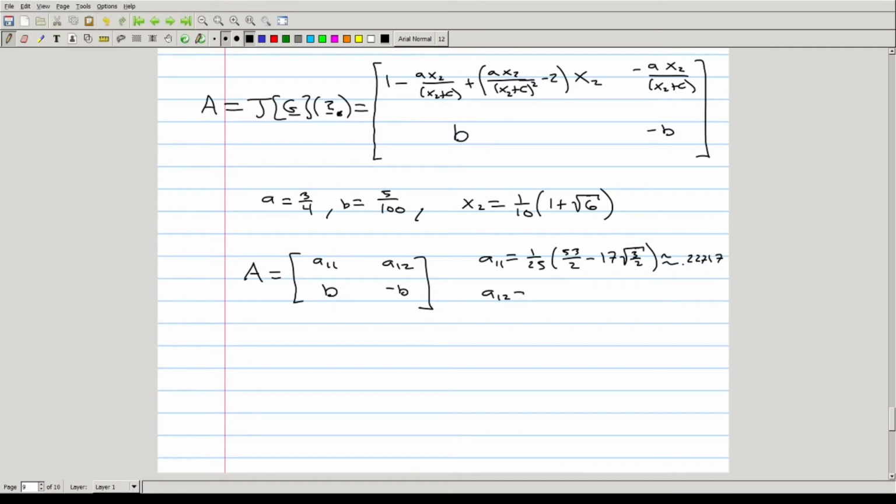And a12 is equal to 1/5 square root of 3 over 2 minus 9 over 2.